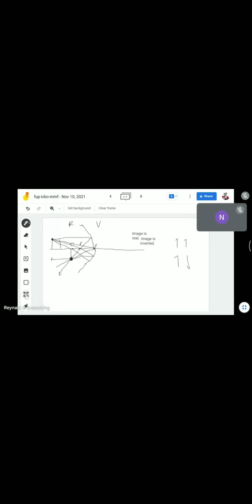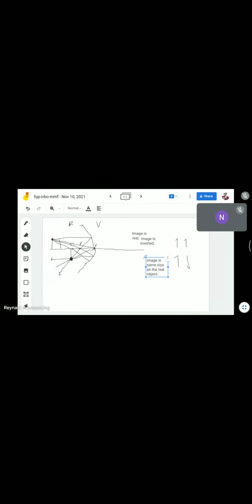So, kunwari, magkasing laki sila. So, the image is the same size as the real object. And then, the image is real, the image is inverted, and the image has the same size as the real object.